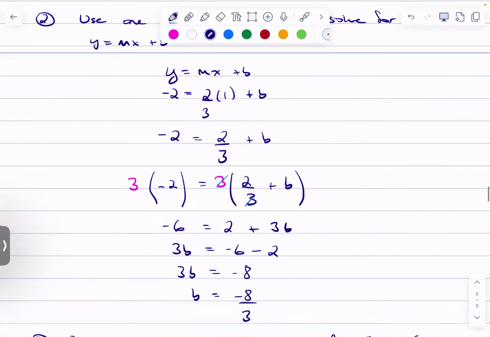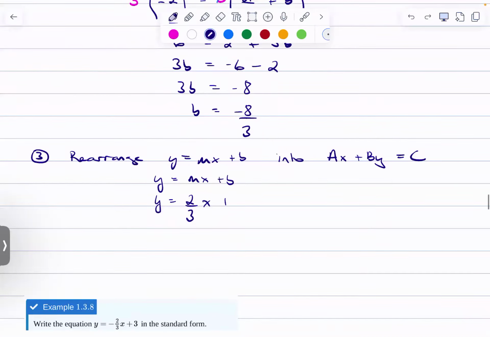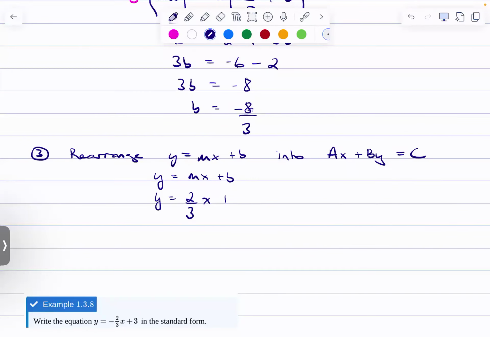M was 2 over 3. X plus, oh, but it's minus because it's -8 over 3. Whoops, my pointer. There, -8 over 3. So -8 over 3.